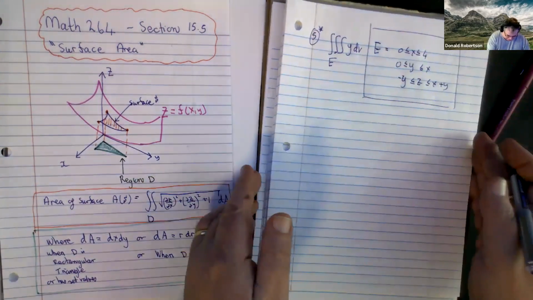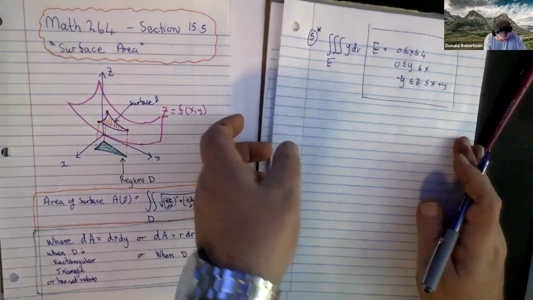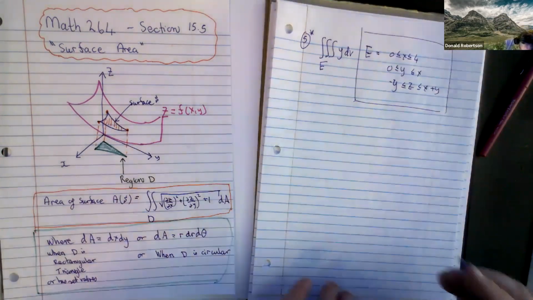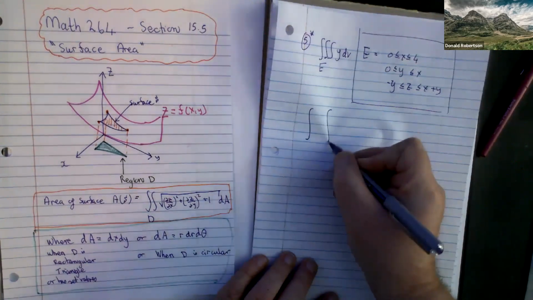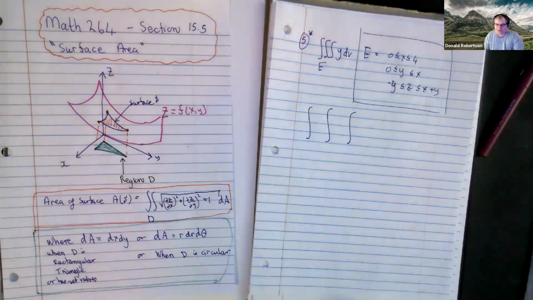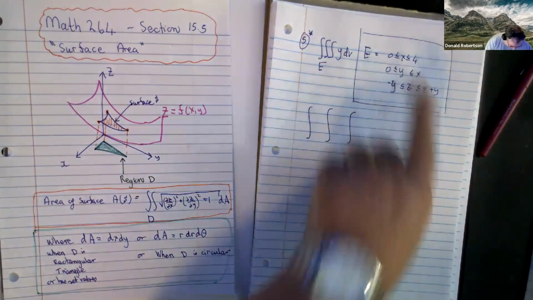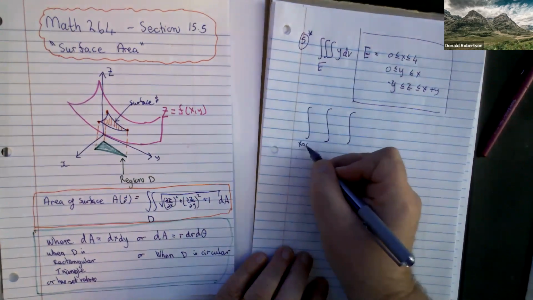Now we have a decision to make here. It may not seem obvious, but there is something that we have to do and it has to be done properly. And that is we have to decide the order in which to set up the triple integral. Now, since that's got numbers, the numbers always go to the end.